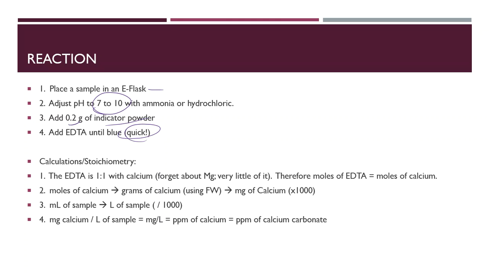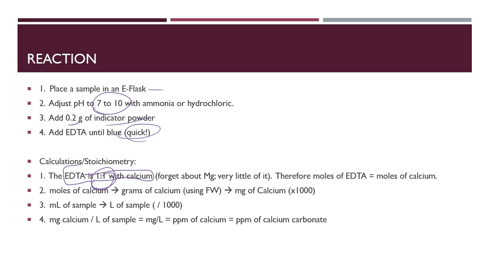Now, let's talk about the calculations and the stoichiometry just for a little bit. The lab's going to walk you through some of this, but the relationship between EDTA and calcium, folks, it's a 1-to-1. So that means for every 1 molecule of EDTA, you will bind 1 molecule of calcium, which makes the math a little bit easier as far as we're concerned. And again, we'll walk through the math probably a little bit more in class before you actually do the lab experiment.